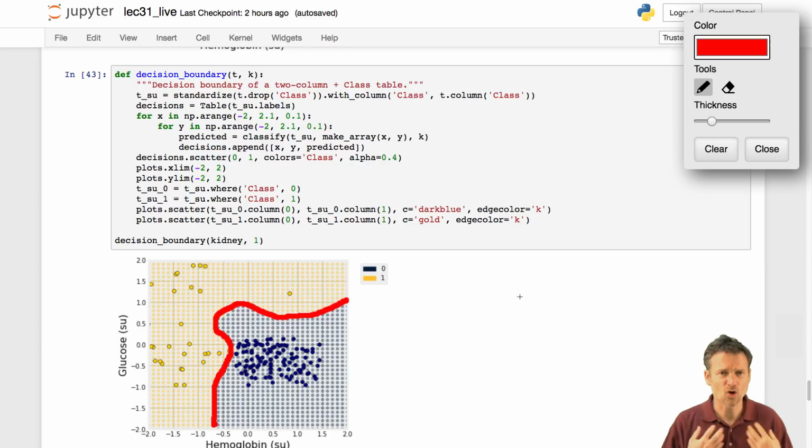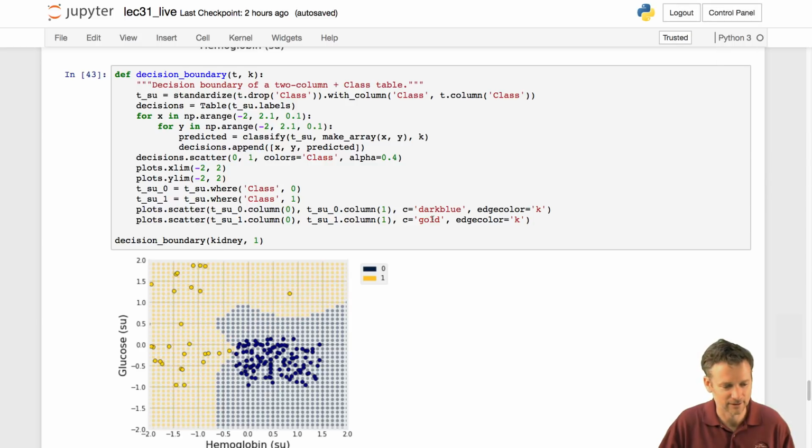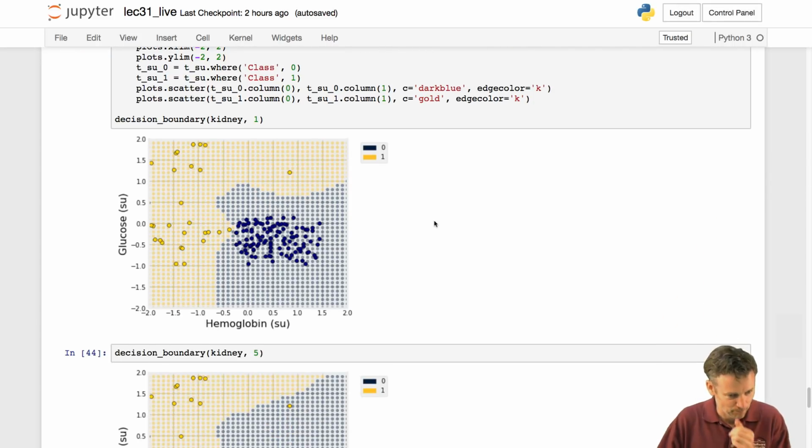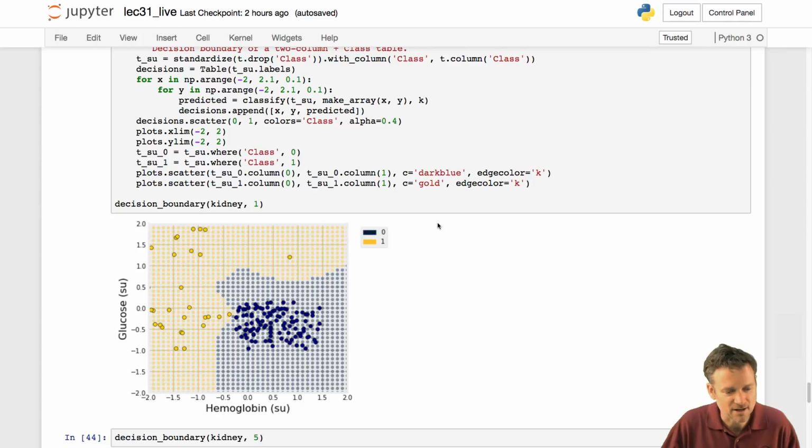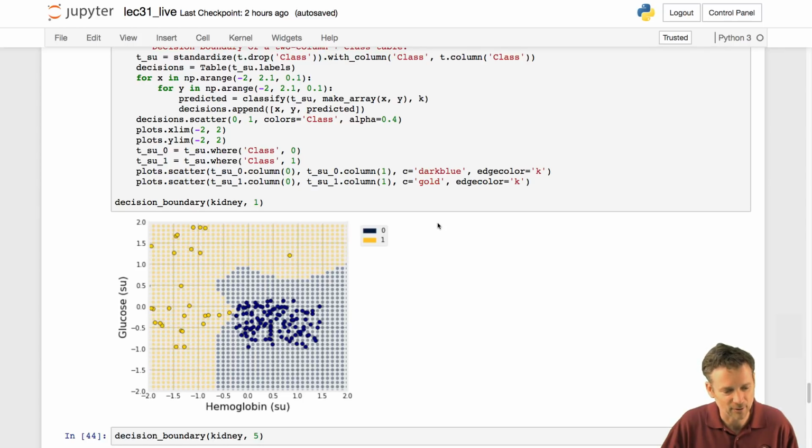Now, if I wanted to draw that red line by hand, I could write some code to implement the prediction based on which side of that line you're on. But notice that the nearest neighbor classifier has learned that line that comes out of the nearest neighbor prediction rule. It's not something that's embedded in it or hard-coded in it or anything like that. That's what I get if I use the nearest neighbor classifier with k equals 1.